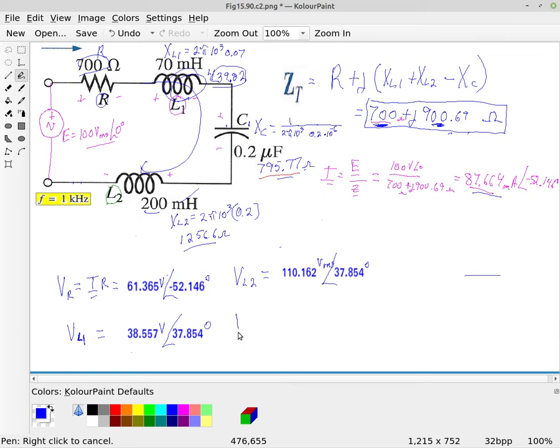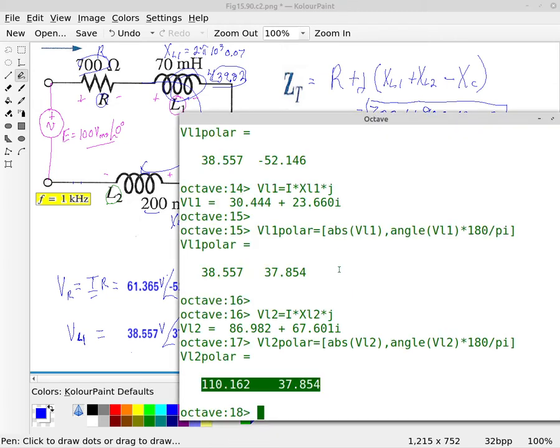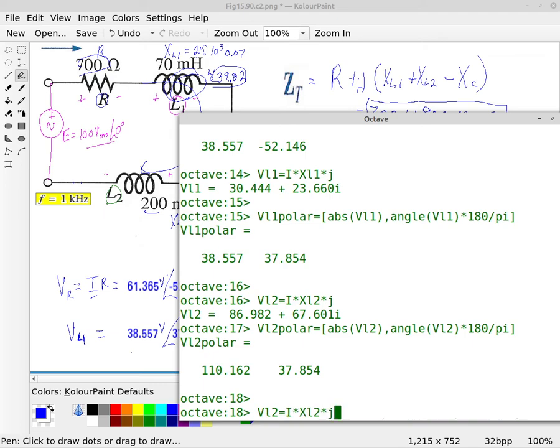All right, so now to calculate the capacitive voltage, again, it's going to be I times the impedance of the capacitor, which is minus j, don't forget the minus j, times the X of C. Okay. So I should have written it down for the other ones, but there it is for that. I'll use the up arrow keys, there it is.